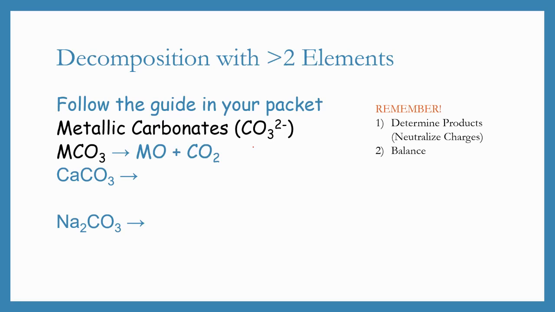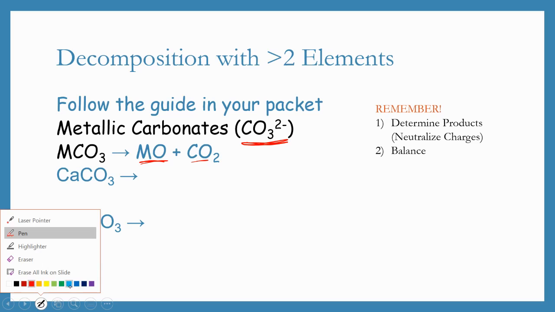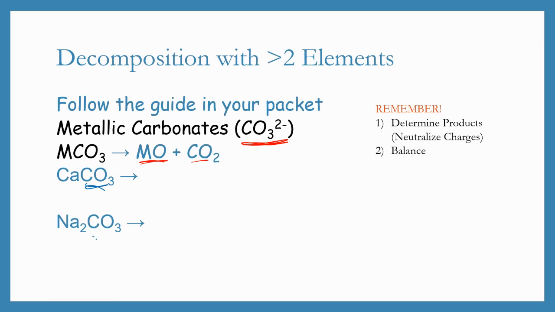All right. So the carbonates have a -2 charge. They always fall apart into some metal oxide and carbon dioxide. So whenever you see a reaction that has just the carbonate, you're always going to make CO2 as a product. And then you're going to put the metal, which in this case is the calcium, with oxygen.